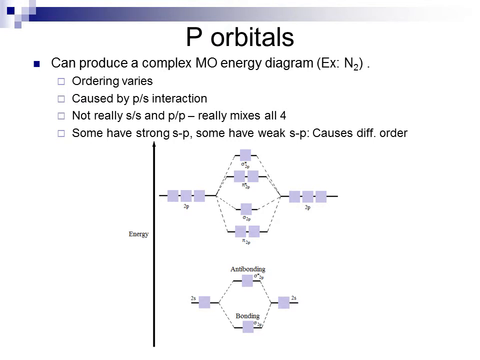So we have from these 3 orbitals 3 bonding and 3 antibonding. So every combination of atomic orbitals will produce an antibonding and a bonding for each 2 that we combine. So the 2 s's make a bonding and an antibonding, the 3 p's make 3 bonding and 3 antibonding.